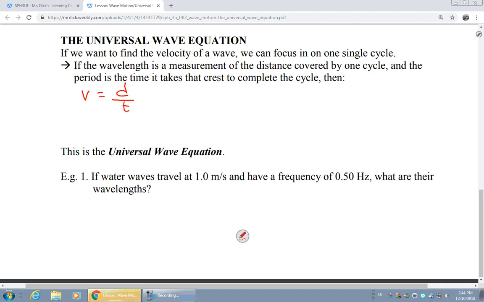But if we focus in on one cycle, we can be a little bit more specific. So if we think about what displacement is equal to, well, how far does a wave travel in just one cycle? It travels lambda. It travels one wavelength. That's what wavelength means. The distance that is covered in one cycle, or the length that is gone through in one cycle. And then we divide by the time it takes.